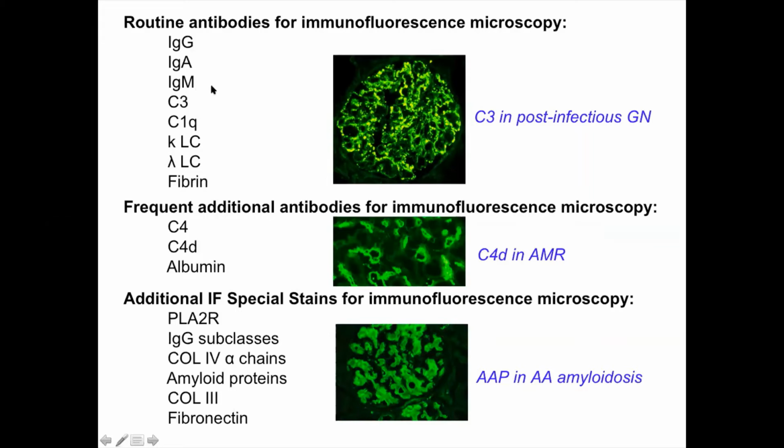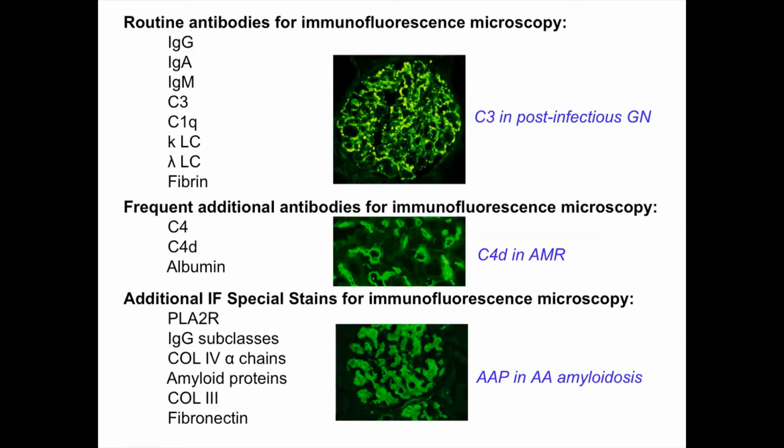We will be talking about different cases, but we've covered all of that في discussions مالتنا. بالنسبة حق frequently additional antibodies for immunofluorescence زي ما قلت لكم C4 complement C4 it's more like kind of used for research، ولكن C4d it's used for transplant. أما أنهم يستخدمونه for transplant biopsies على أساس وجود C4d is indicative of an antibody-mediated rejection. يا أما أنه موجود in immunofluorescence أو أنه موجود as an immunohistochemistry.